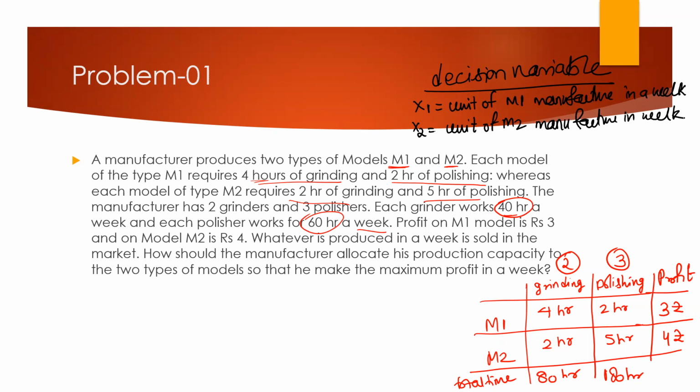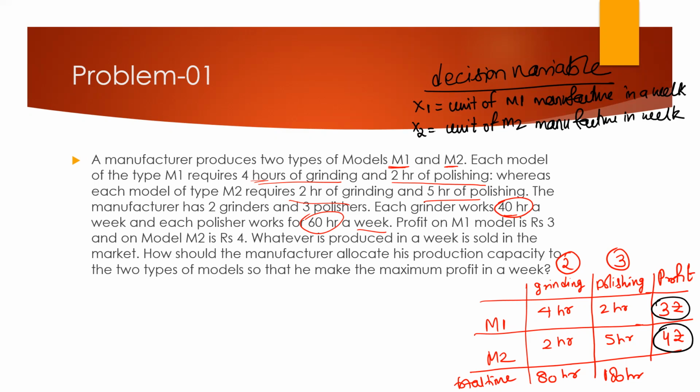So what is the question? The question is how much they can manufacture. If you are doing a business, you do it with the sole objective of maximizing profit, right? Here 1 unit of M1 gives 3 rupees profit and 1 unit of M2 gives 4 rupees profit.